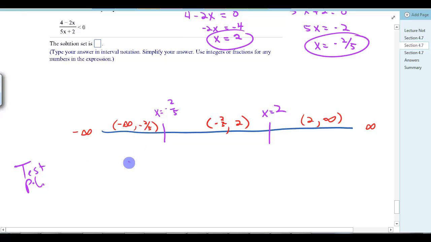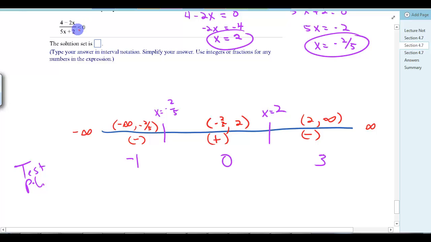And here I would pick negative 1 to the left of there. I would pick 0 because that'd be easy, and I would pick 3. When you plug this value into both the top and the bottom, you're trying to see what sign you would get, and you should get a negative here, a plus here, and a negative here. I'm going to let you follow through with that, but that's what you would get.